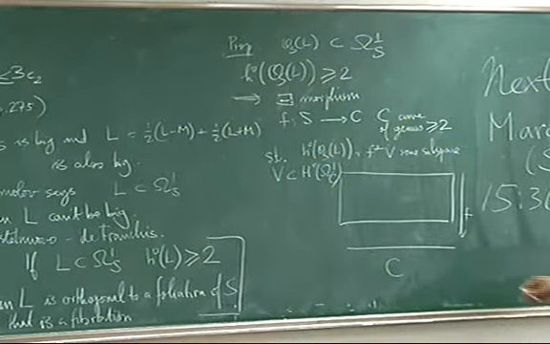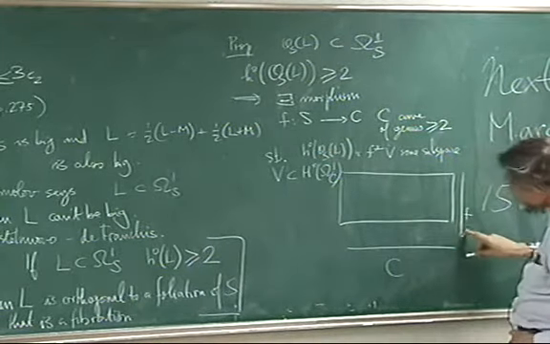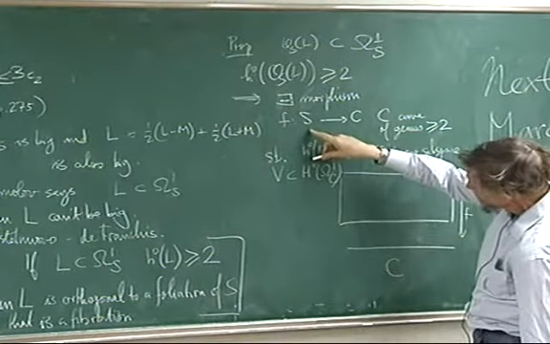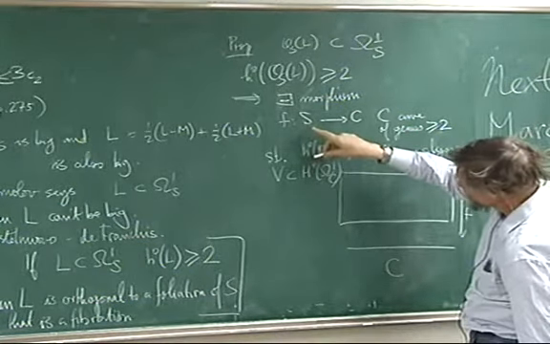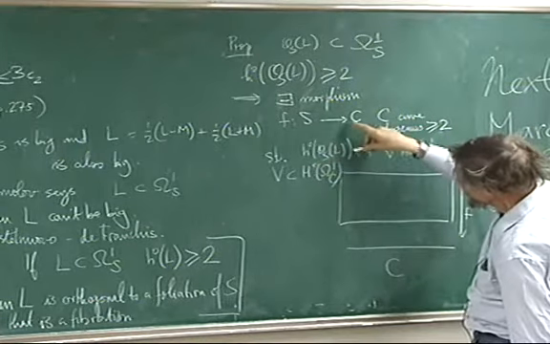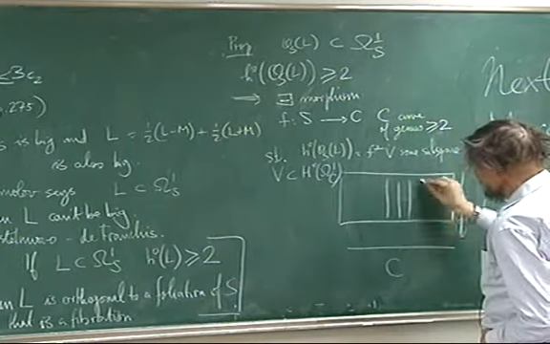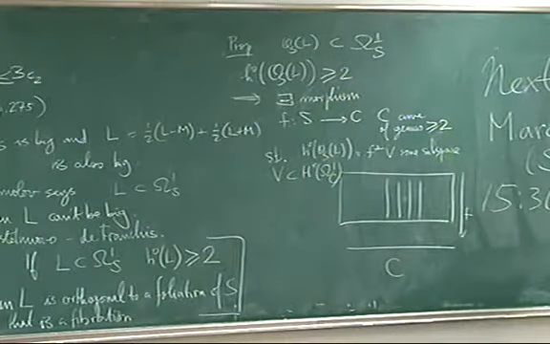Okay, so at some point in this argument, I'm going to construct a morphism from a surface S to a curve C using these sections, right? And so here are the fibers of the morphism.